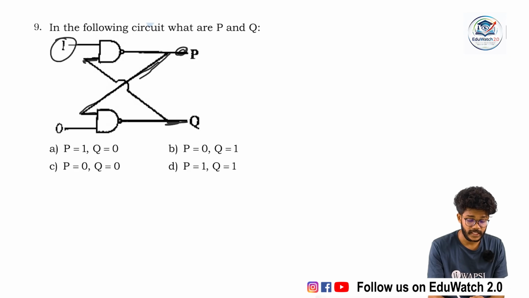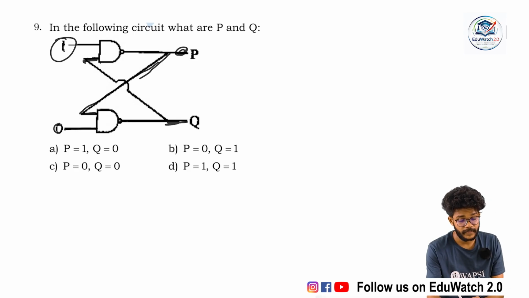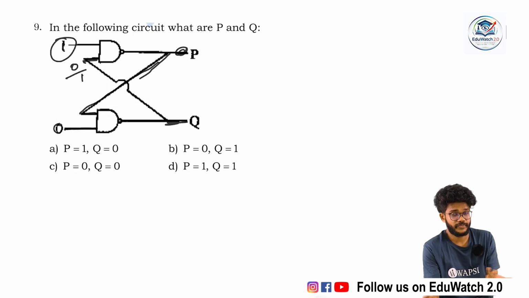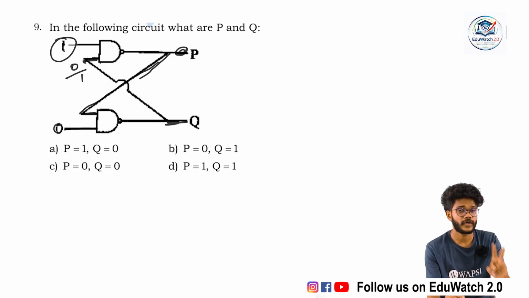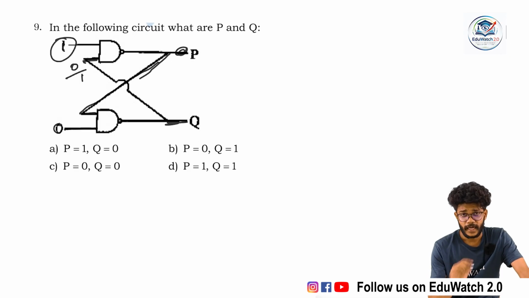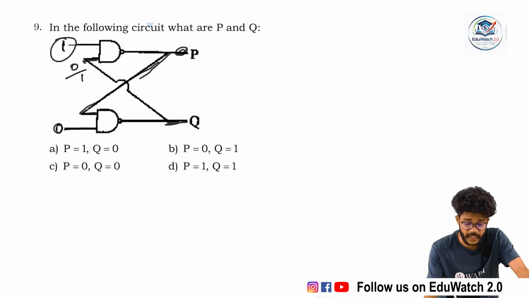We know that this is 0 and this is 1. This can be 0 or 1, only two chances. If it is 0, this will be 0. If it is 1, this will be 1. So there are two chances, 1 or 0, for the output.